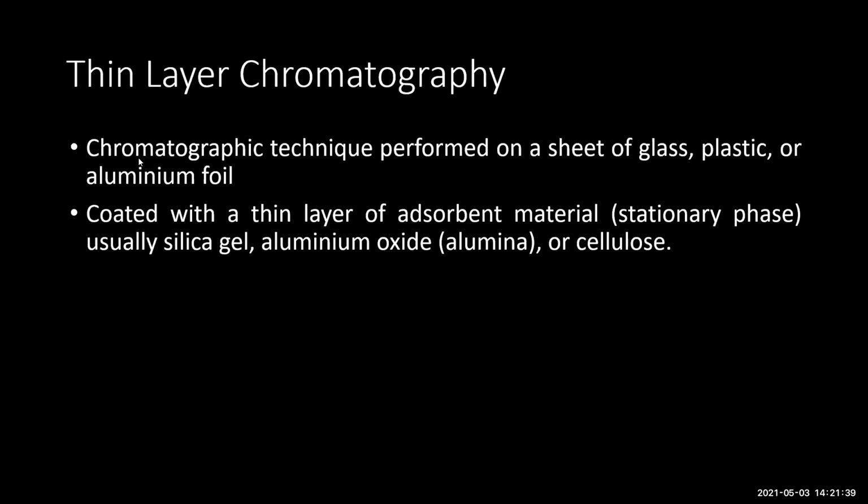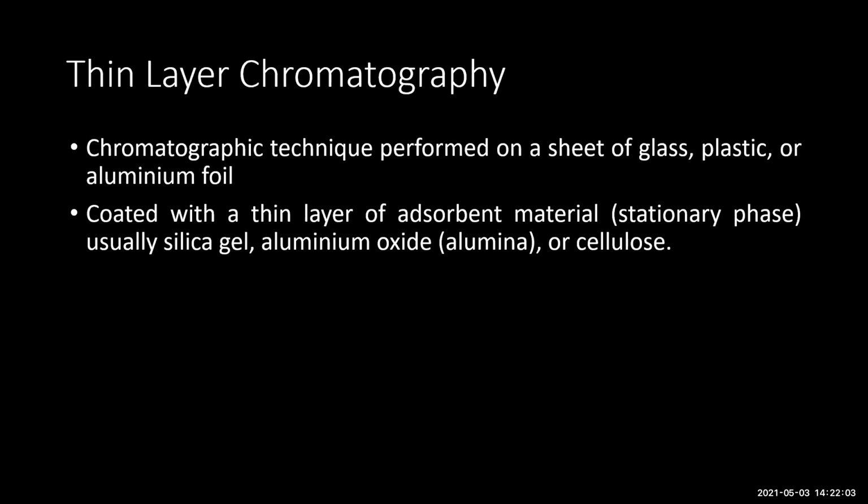Let me repeat what thin layer chromatography is. It's a technique which is performed on a sheet of glass, plastic or aluminum foil, which is used as a base for our stationary base. The stationary base is then coated on top of this as a thin layer made up of adsorbent materials such as silica gel, aluminum oxide, or cellulose.